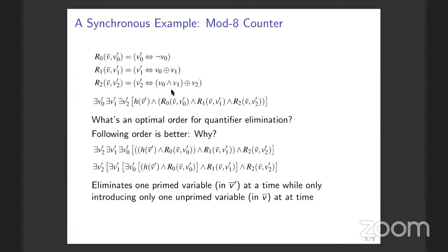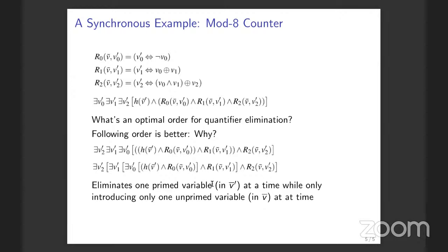Although you're not eliminating the unprimed variables, still, this will hopefully be smaller. Okay, the BDD for this will be smaller. So we eliminate this, and after that you do the conjunction of this and eliminate.